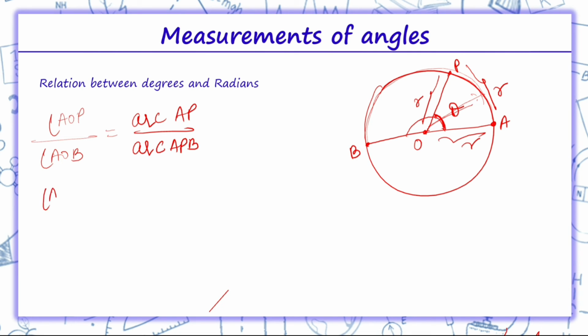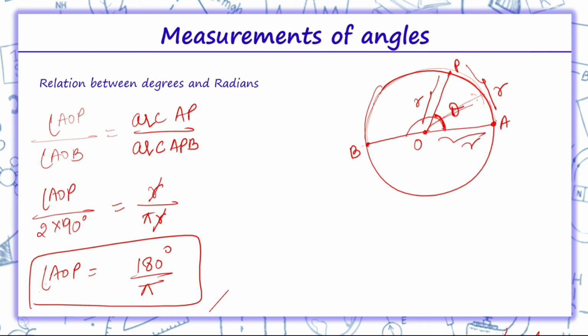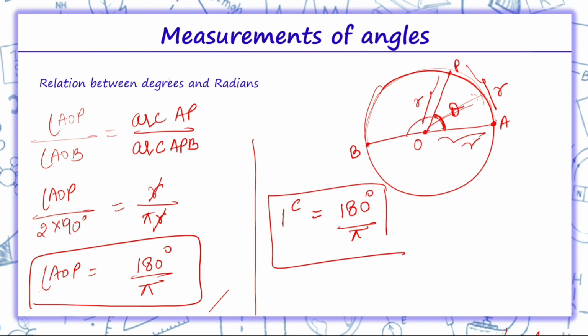Angle AOB is two right angles, so we write 2 into 90 degrees. Arc AP is equal to the radius R. Arc APB is a semicircle, so we write pi R. R and R get cancelled, so angle AOP is 180 degrees by pi. This angle AOP is 1 radian, so 1 radian is 180 degrees upon pi. This is the relation between degree and radian.